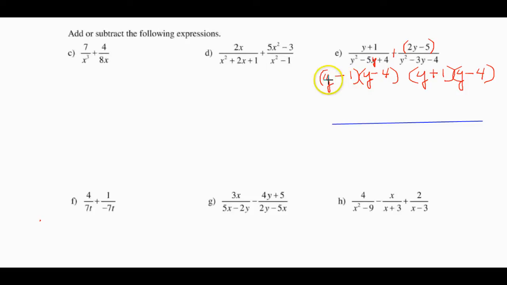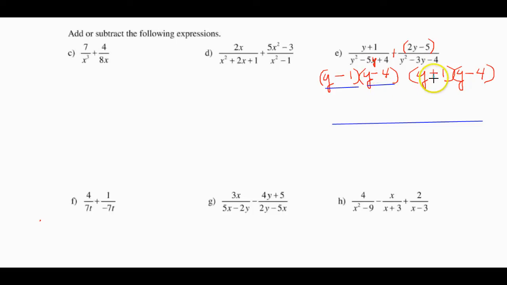How many times is y minus 1 used in any one factorization, or the greatest number of times? Well, it's used once, so we need one of those. Now how about y minus 4? Well, here it's used once, here it's used once. So we need one of those.